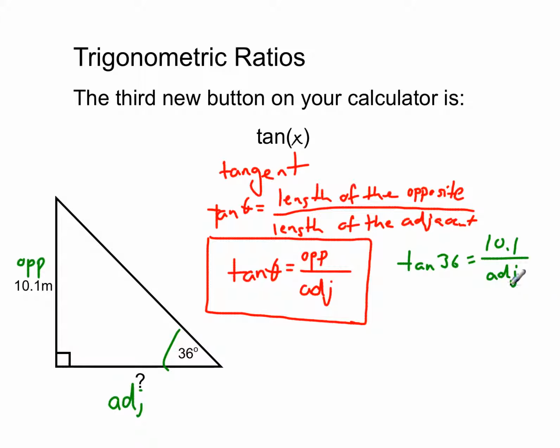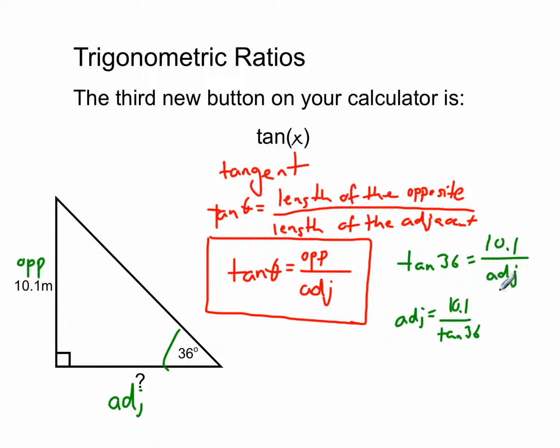Perfect. We have one unknown variable and two numbers. So, knowing your rules of proportions or fractions, rearranging this, we get the adjacent is equal to 10.1 over tan of 36. If you don't remember those rules, we can just use BEDMAS again: multiply both sides by adjacent, then divide both sides by tan of 36, and it brings it back down.